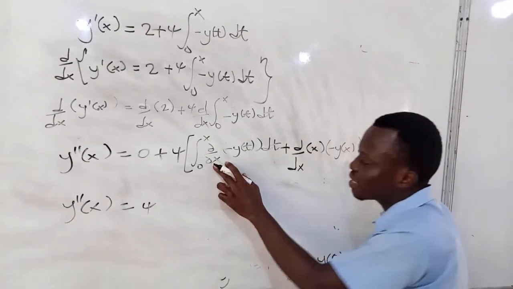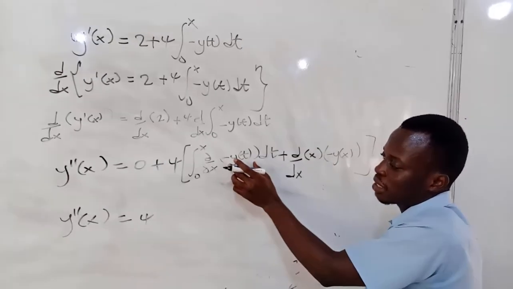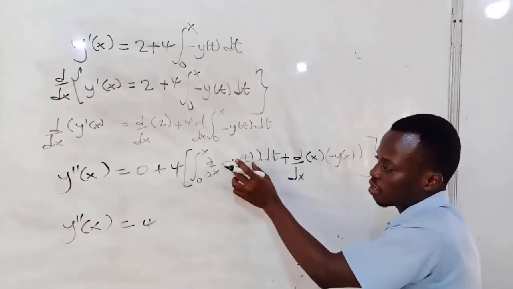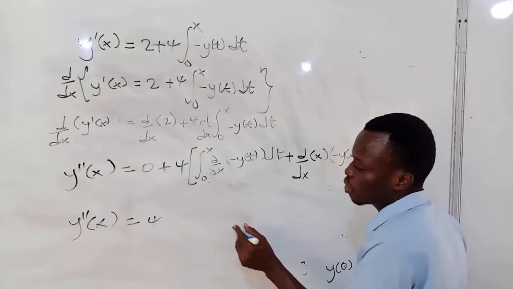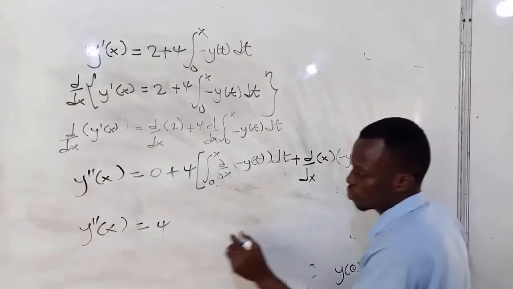If we differentiate this y of t, the function here is a constant, it does not depend on s. If we differentiate this function, all this side becomes 0. So this makes the whole of this side become 0. That means we've eliminated the integral sign out of this equation.